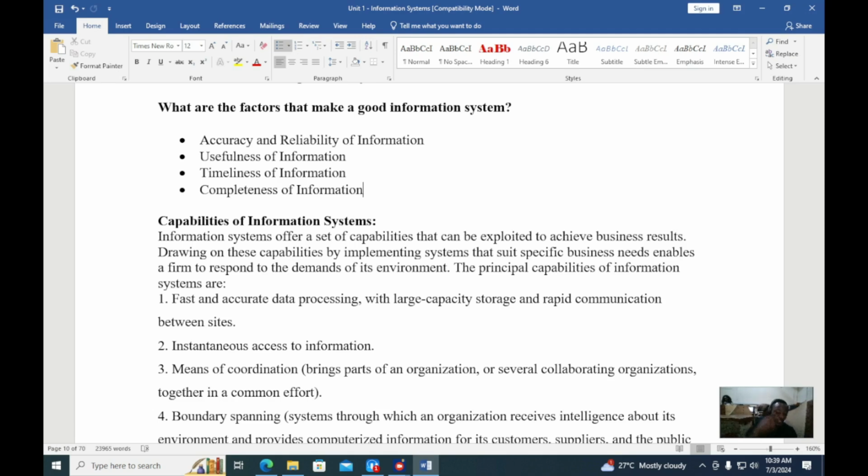Then timeliness of information. The time you obtain the information is important in regards to the decisions that you make. For example, if you're thinking of increasing production of shoes in your company, and you want to know the sales rate in the market today, and somebody brings you information about the sales rate in the market 3 years ago, you cannot really rely on that information, because it is not timely.